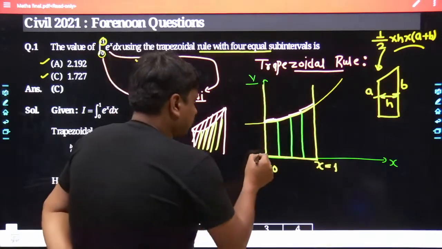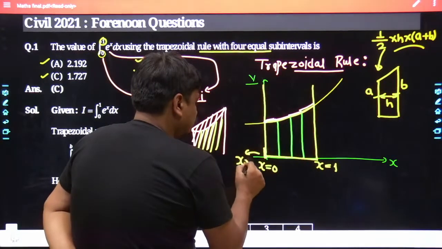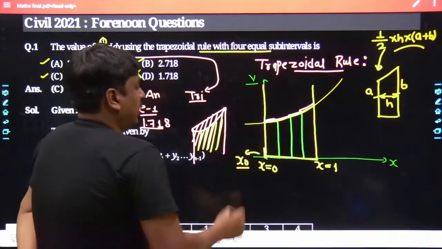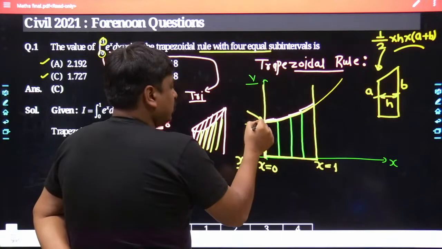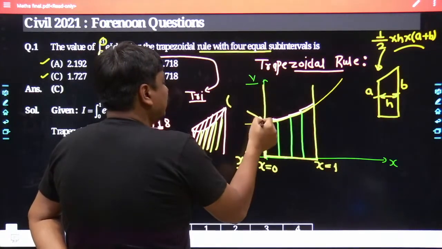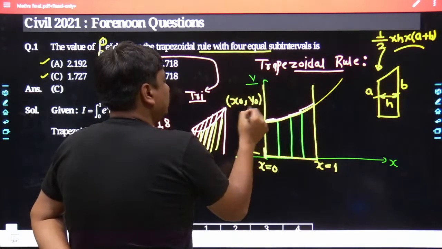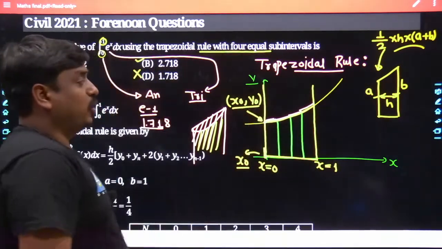So I have taken this first vertical axis as x0, and here at this point the value of the function has been taken as y0. So this point can be taken as x0, the value of the abscissa, y0, the value of the ordinate.